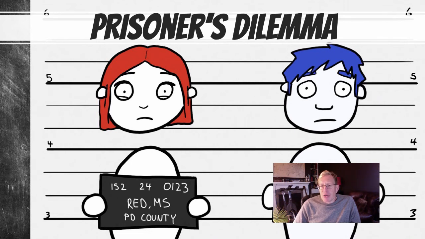We would like you to help us out. Provide some evidence so we can break up this crime ring. And if you do that, I'll make it worth your while. You'll have to serve some time for this petty crime, but we'll give you a really good deal. Now, I've talked to your friend next door. They're looking a little squeamish over there. They're not sure what they're going to do.